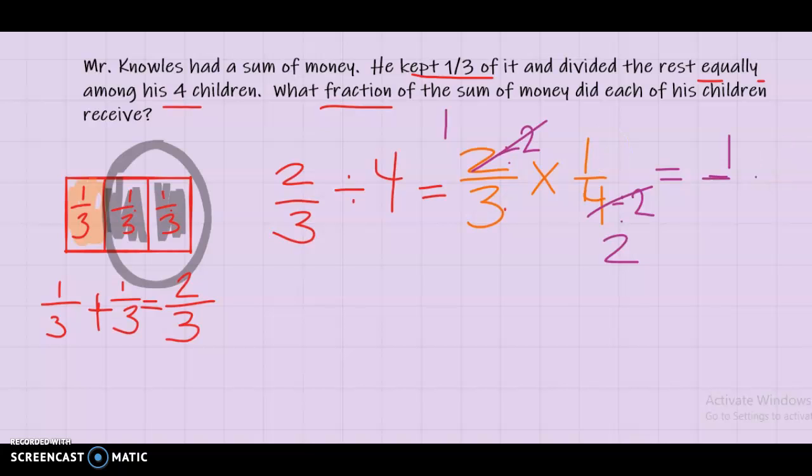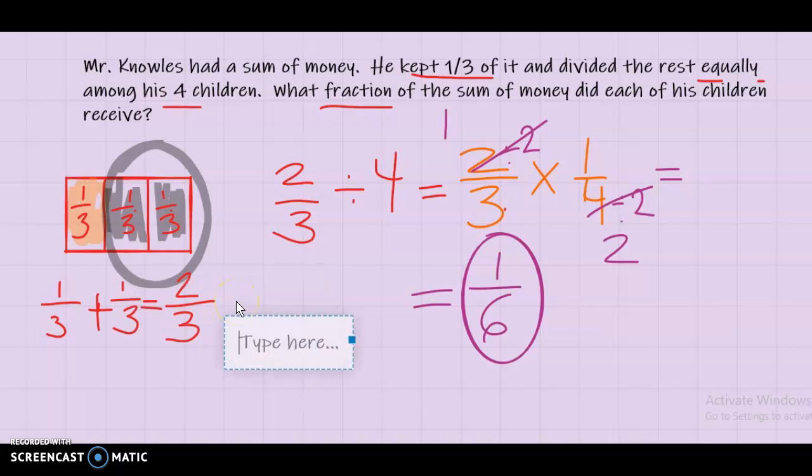So I'm going to write the answer down here. 1 times 1 is 1. 3 times 2 is 6. So what fraction of the sum of money did each of his children receive? His children each received 1/6 of his money.